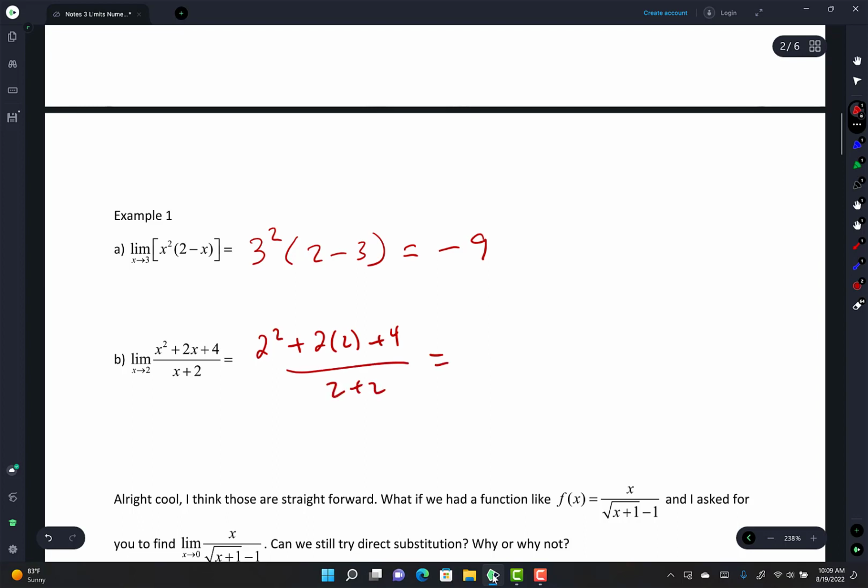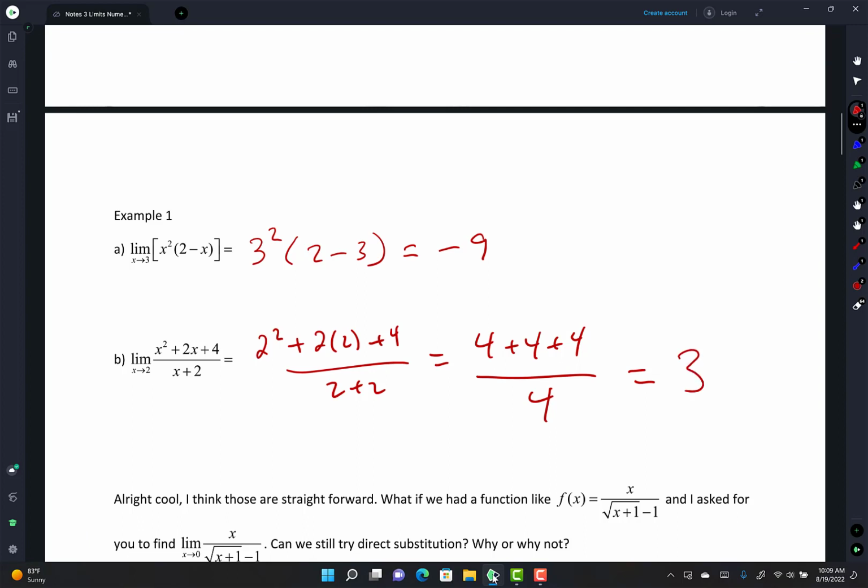Technically you could leave it like that, but don't. 2 squared is 4, so 4 plus 4 plus 4 divided by 4. There are 3 4s, so that must be 3. Or you can do 4, 8, 12 divided by 4. Cool or not cool?